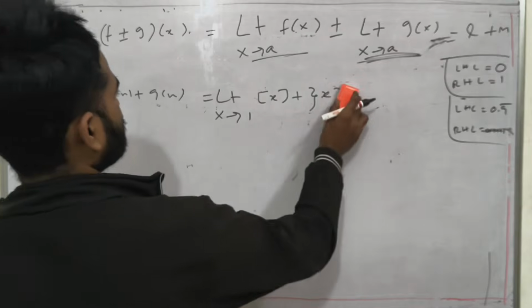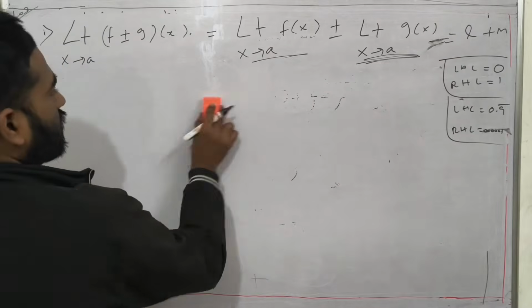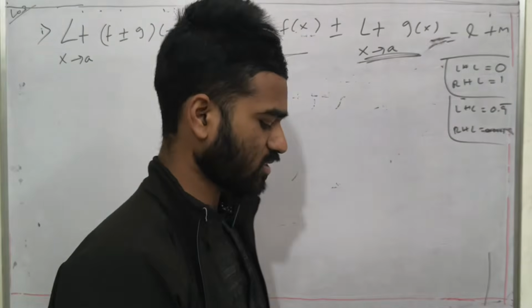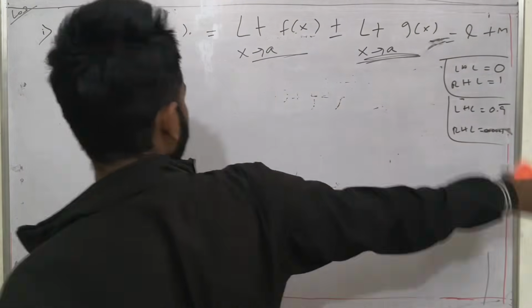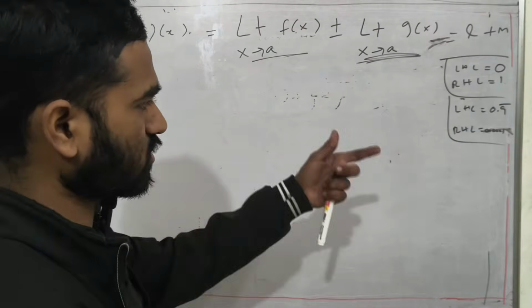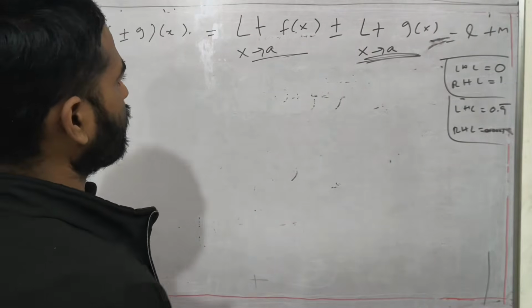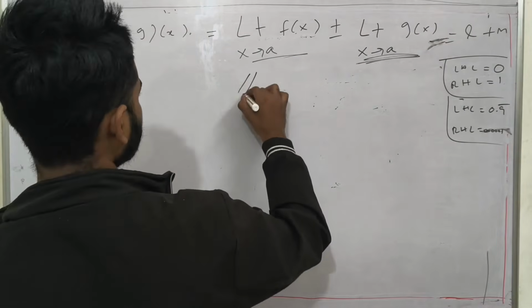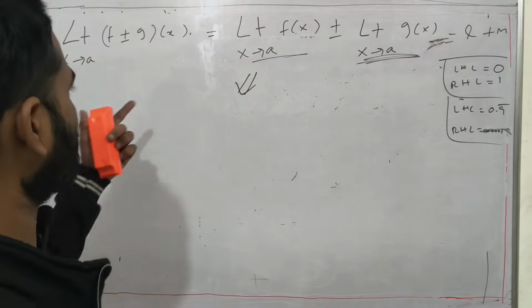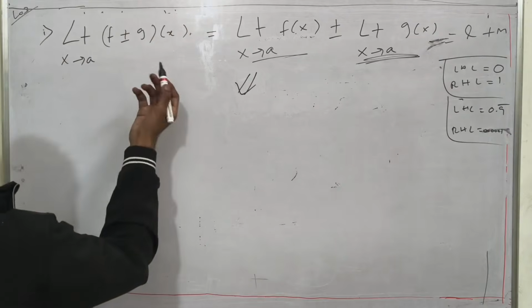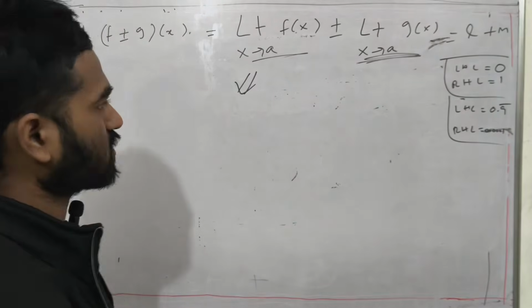Before going to the question, here I said we can't use the formula, this rule, because the limit does not exist. If you see the right hand side, why can't we use the formula to find limit x tends to 1 of f of x plus g of x?